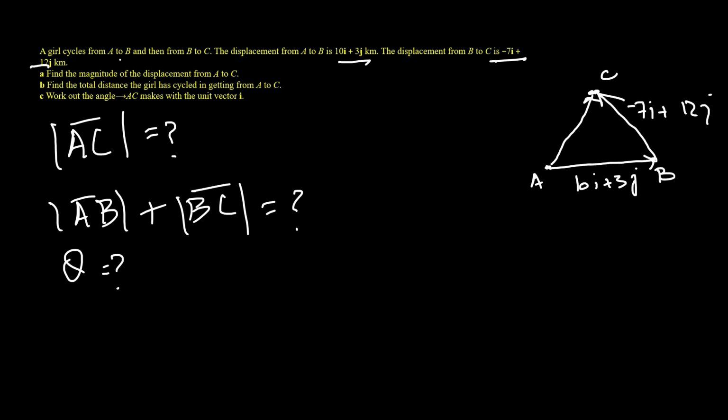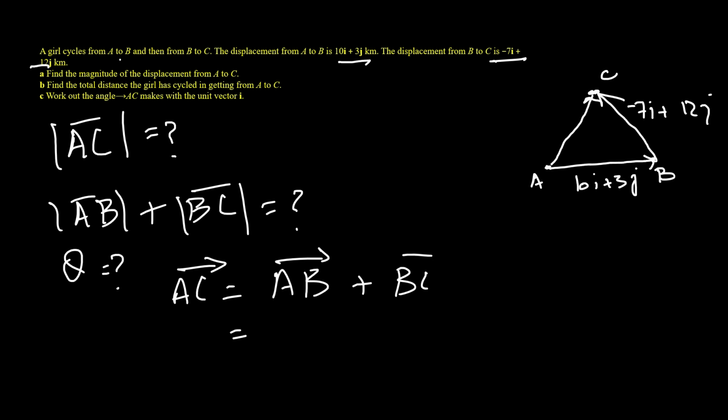Vector AC we can find by using the head to tail rule. We will simply sum these vectors and we will get the vector AC. So it's very easy. Vector AC is equal to vector AB plus vector BC.